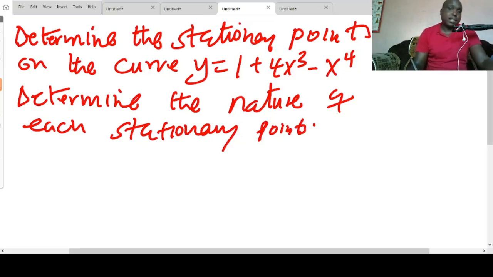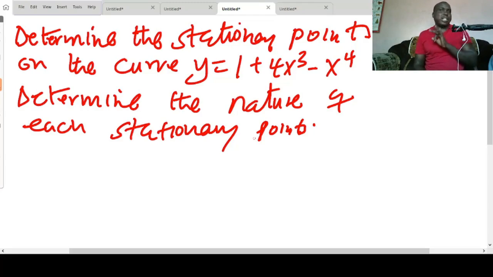So this sum carries 10 marks. First thing, you differentiate, you get a gradient function. You equate the gradient function with 0. That helps you to get the values of x. They can be 2, or 1, depending on how the question has been set.